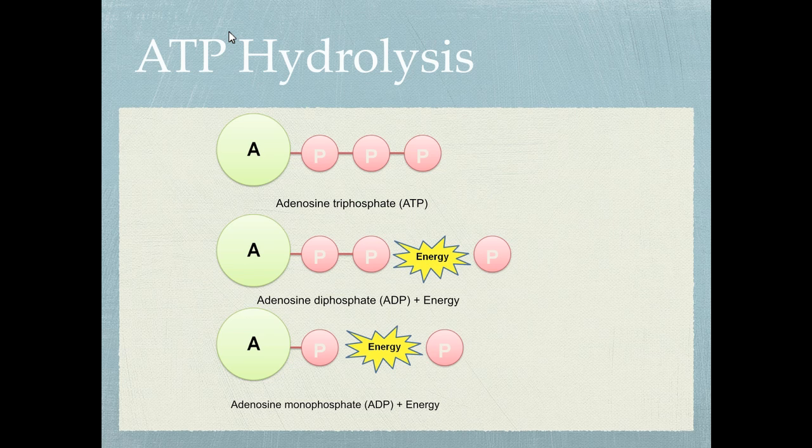So how does it work? Well, one of the things to know is that ATP, or adenosine triphosphate, is an adenosine molecule bound to 3 high-energy phosphate groups. So these phosphate groups are bound by high-energy bonds. In real simplistic terms, you kind of want to think of it like a dart gun. You load the dart into the gun, and that takes energy.